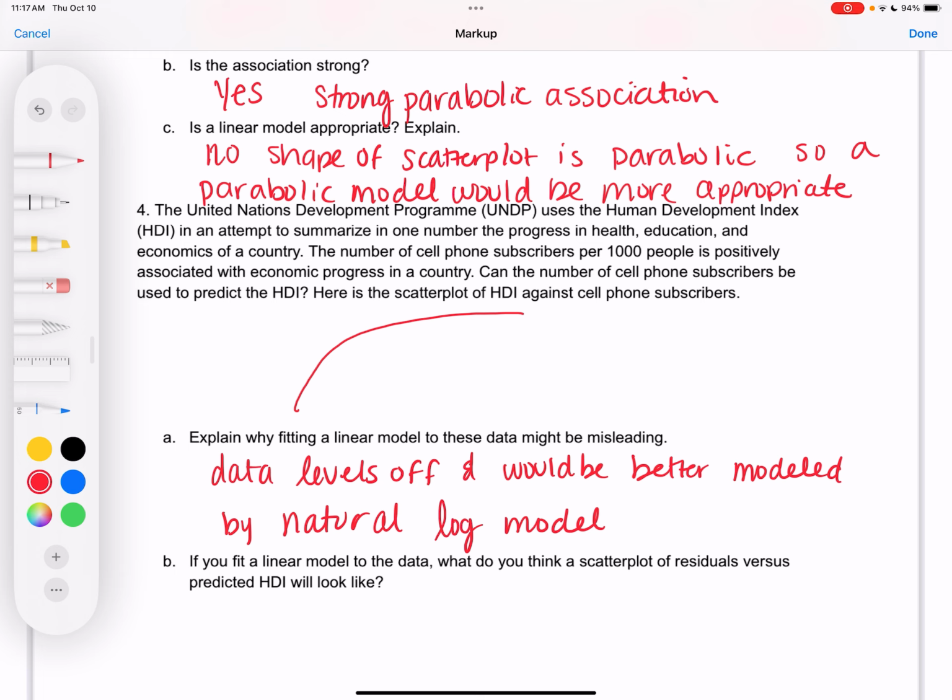More outliers? So remember, the residuals are how far the points are from my best fit line. So more residuals? I don't know.